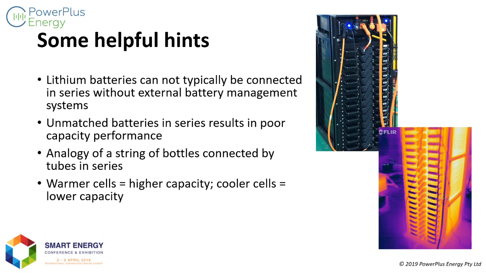So we discovered that from top to bottom, there's a 7-degree temperature difference between the top pack and the bottom pack. As a result of that, the top pack has about 3% more capacity than the bottom one. So what you end up with is an unbalanced system waiting to have problems down the track. So it's so important to manage heat in a thermally sensitive environment like lithium batteries.